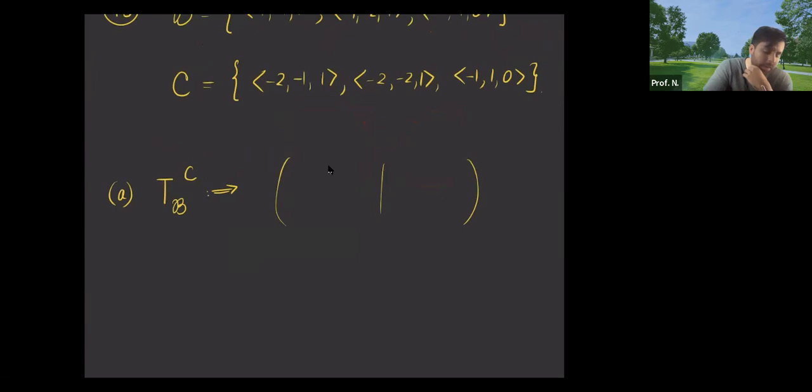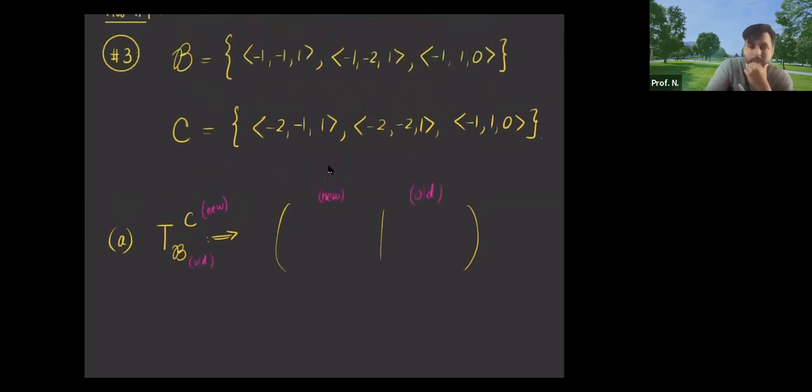C is our new basis and B is our old. We put the new first and then the old, right? So we're going to put them as columns. So the new is going to be -2, -1, 1, -2, -2, 1, -1, 1, 0. And then B will be -1, -1, 1, -1, -2, 1, -1, 1, 0.